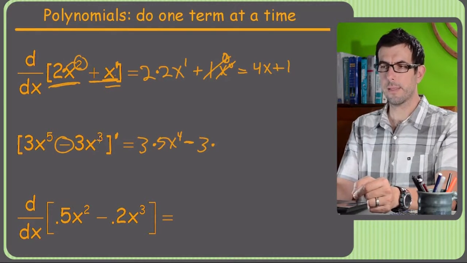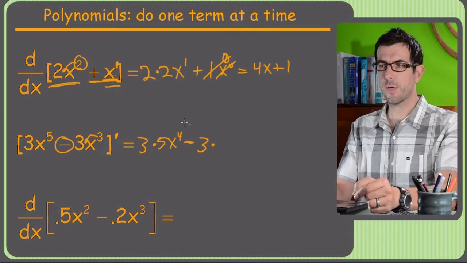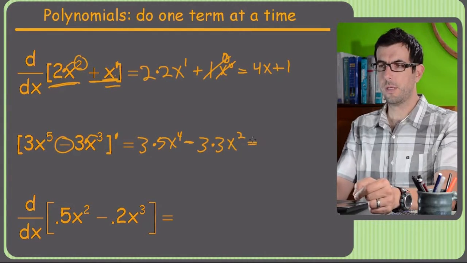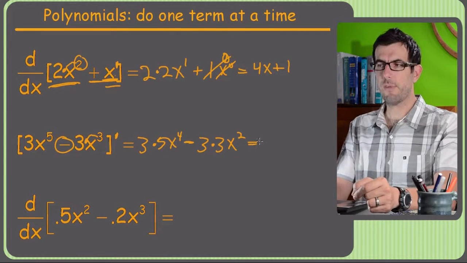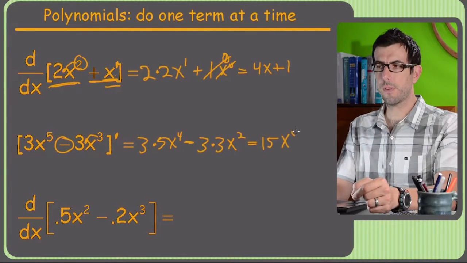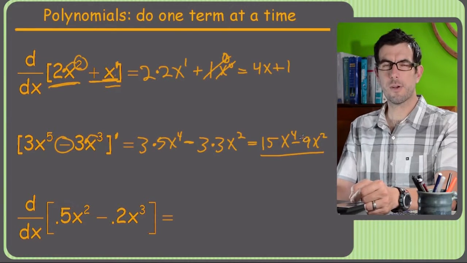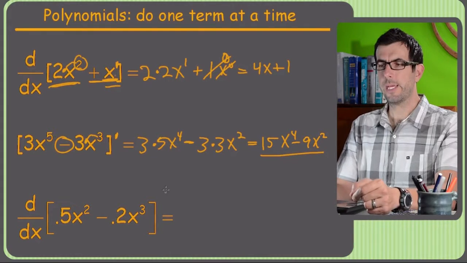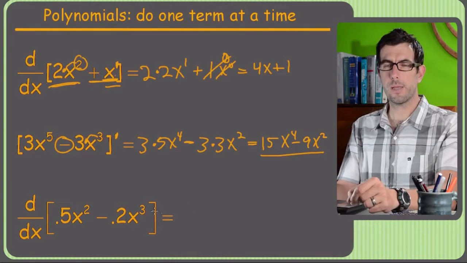And then another 3, because that 3 goes right there, so 3x squared. And we just kind of multiply stuff out if we can, so we get 15x to the 4th minus 9x squared. And of course we can't combine any of these terms because it's different powers of x, it's apples and oranges. So that's pretty much the way any teacher would want you to leave it.